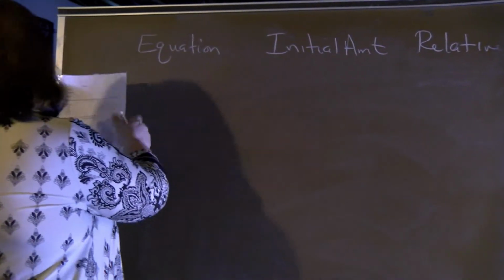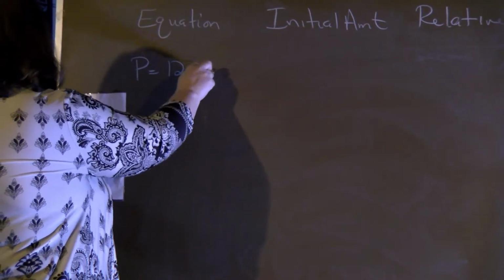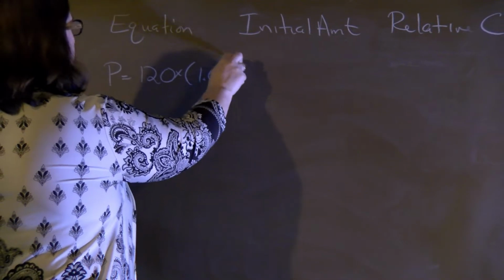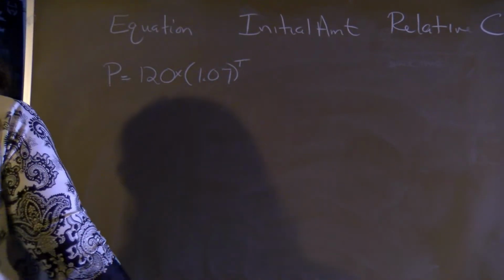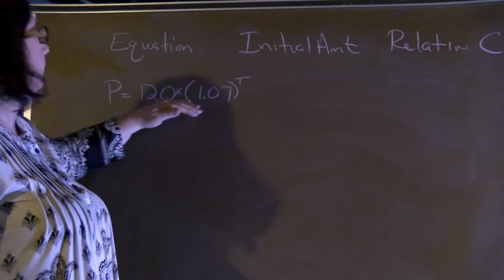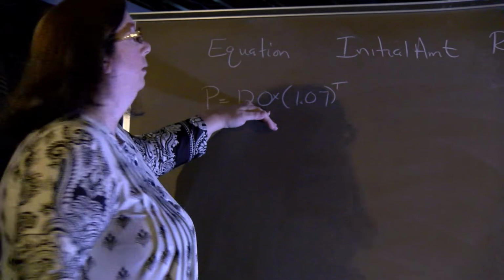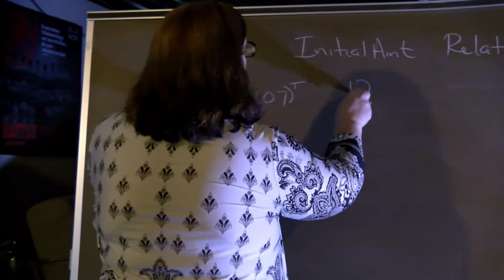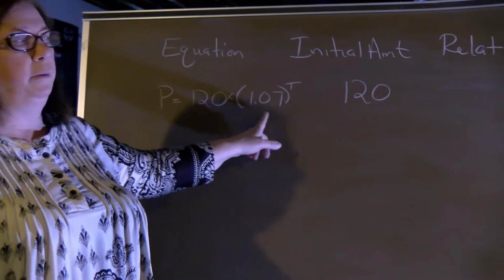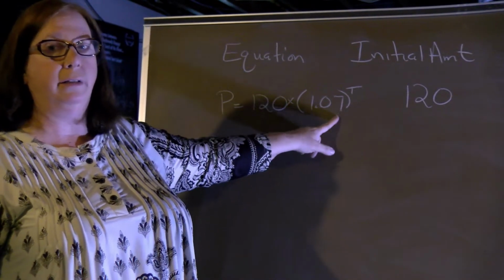If we have the equation, well, remember the formula, the initial amount's the amount in the front, so initial is 120. Now the relative change is not 1.07. Remember, we either added or subtracted the percent.